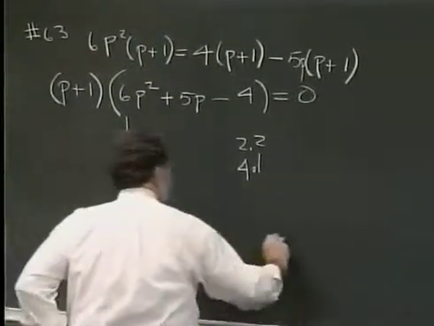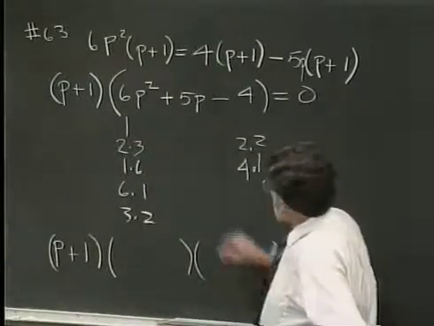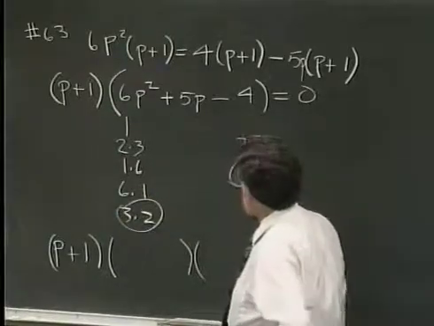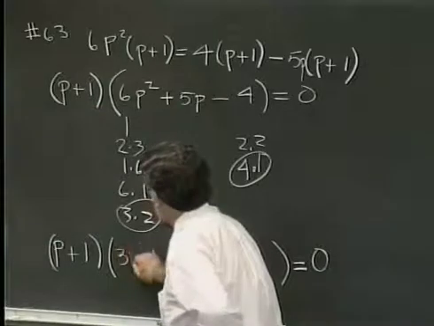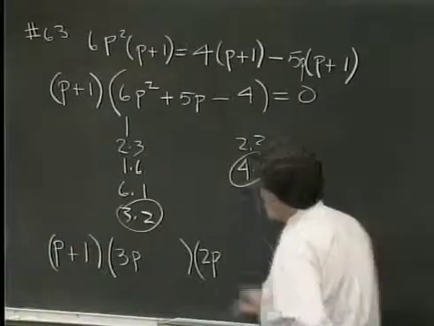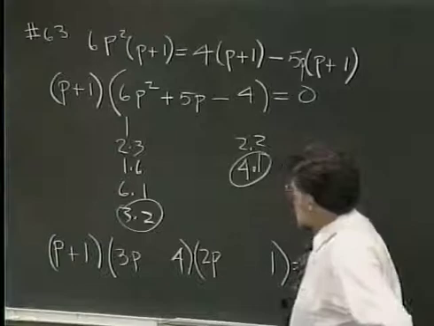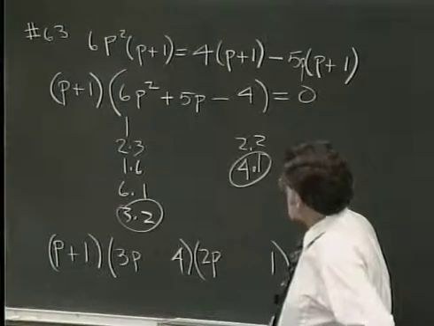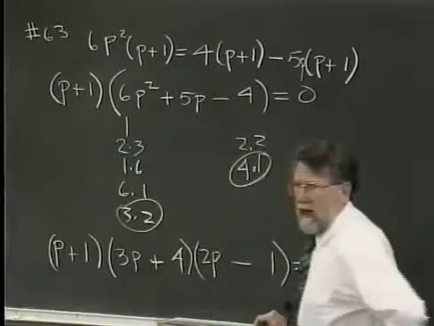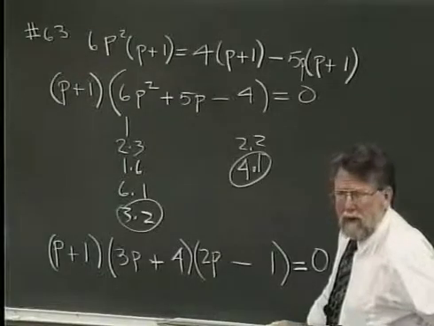Then I need the binomials written in. So I'm going to have, we said it was this one and this one that I'm pairing together. So I'm going to have 3 times p, 2 times p. I have a 4 and a 1, and I wanted the 4 multiplied by the 2. So I'd have an 8, and then subtracting off the 3, but I want the 8 to be positive, this as a negative. So now I have a product of 3 factors equal to 0.